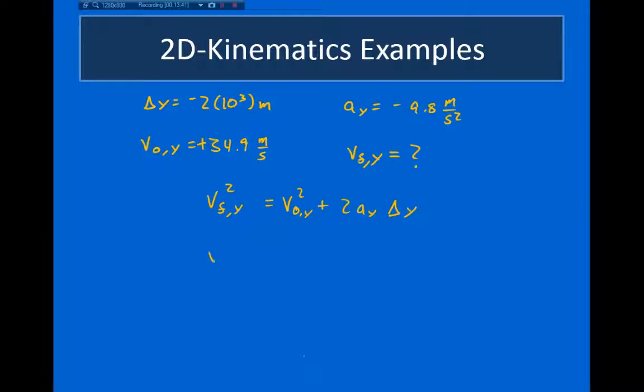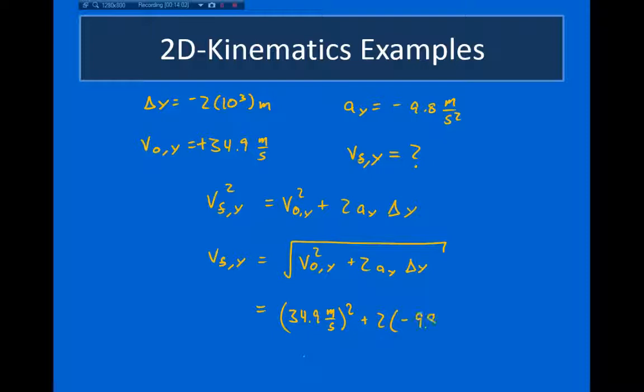Solving for the final velocity, all I've got to do is take the square root. So we have the square root of v initial y squared plus 2ay delta y. This is 34.9 meters per second quantity squared plus 2 times minus 9.8 meters per second squared, times minus 2,000 meters.